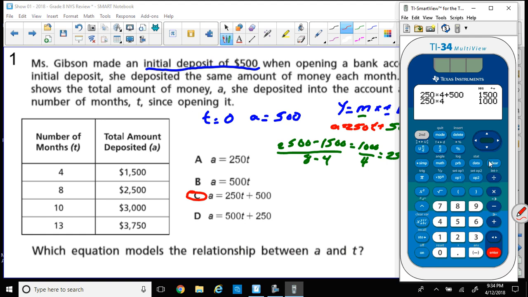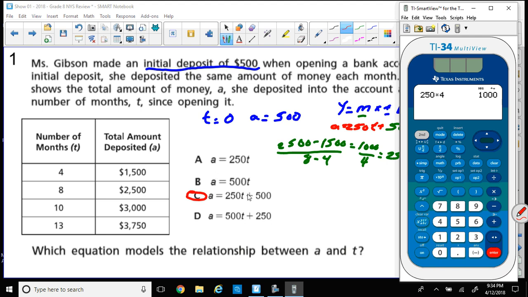So let's clear this out. So you can just start with the time interval and place it in here and see if it equals the A. So I would take 250. Just do one or two real quick. 250 times 4, the time, and see if that equals 1,500. And if it does, that would be the equation. So 250 times 4, that gives us 1,000. So we know that's not correct.